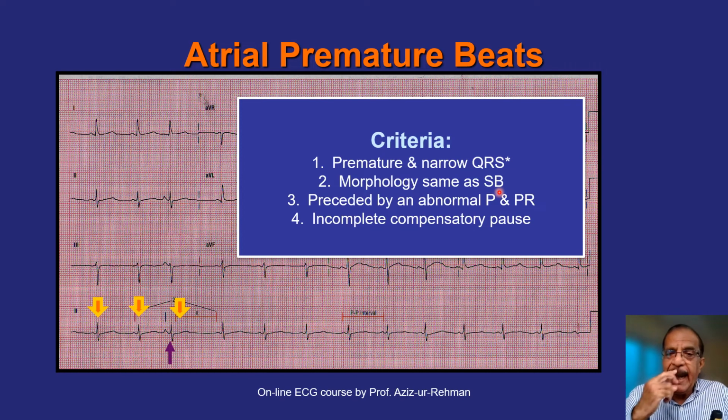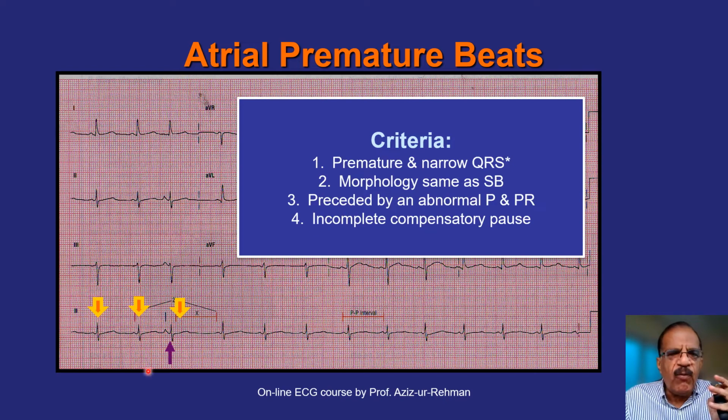Because if somebody has a pre-existing condition which is causing broadening of QRS complexes, like left bundle branch block or right bundle branch block, in that person the sinus beat will be broad. So in that case, this ectopic will also be broad. So I should say actually the ectopic duration is the same as the sinus beat, usually narrow. Morphology is the same as the sinus beat. I already explained once, beyond the AV node, depolarization is the same.